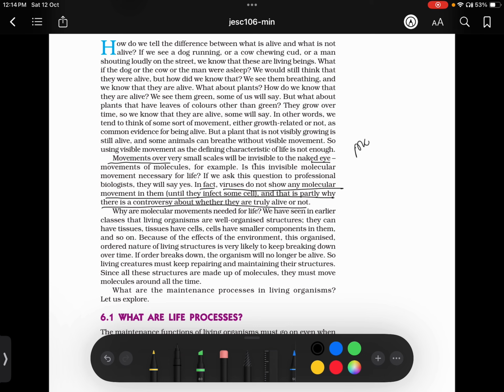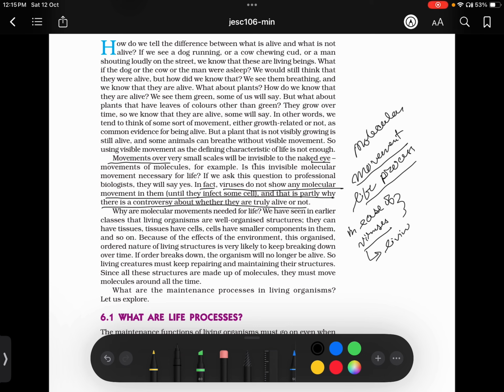But molecular movement is necessary for life processes. In the case of viruses, they show movement when they enter a living cell. That means viruses are living inside a living organism. From this paragraph, it can be derived.